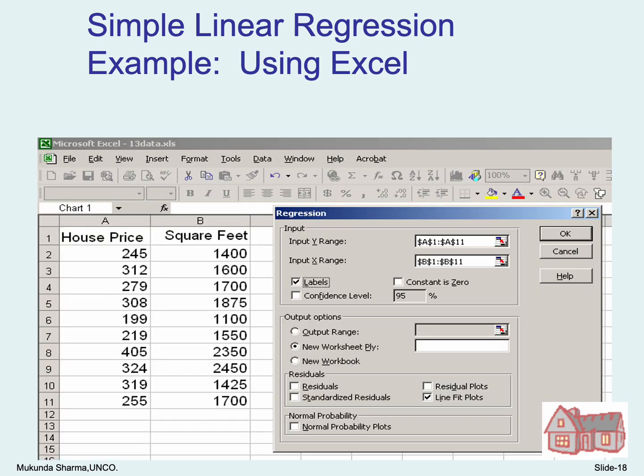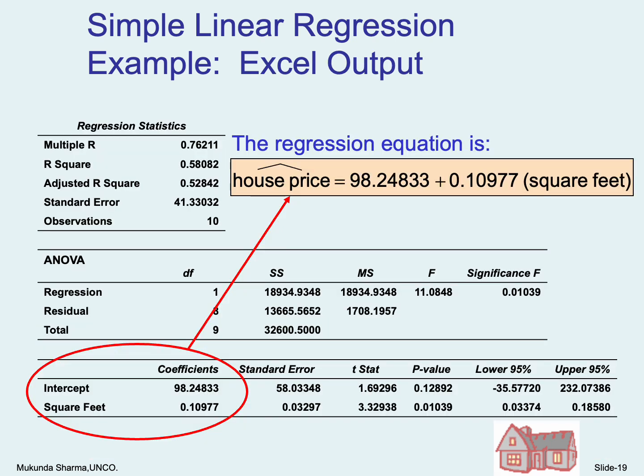Using several statistical software packages like SPSS, Excel, R, we can generate regression results. Excel provides regression statistics, coefficients, ANOVA, and more, aiding our analysis. Minitab is another powerful tool for regression analysis.